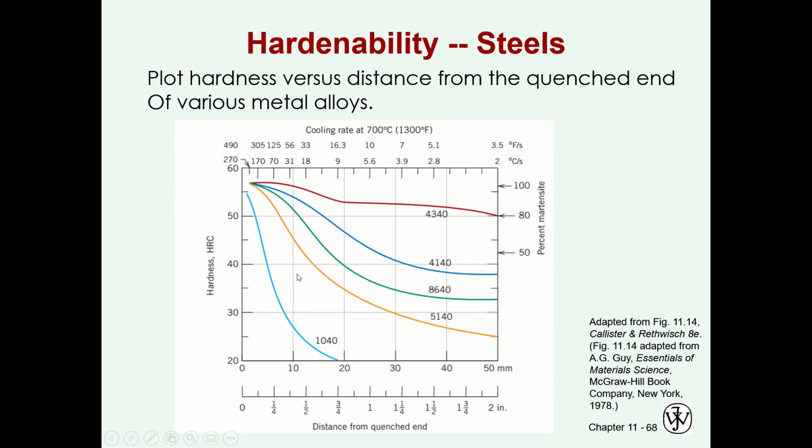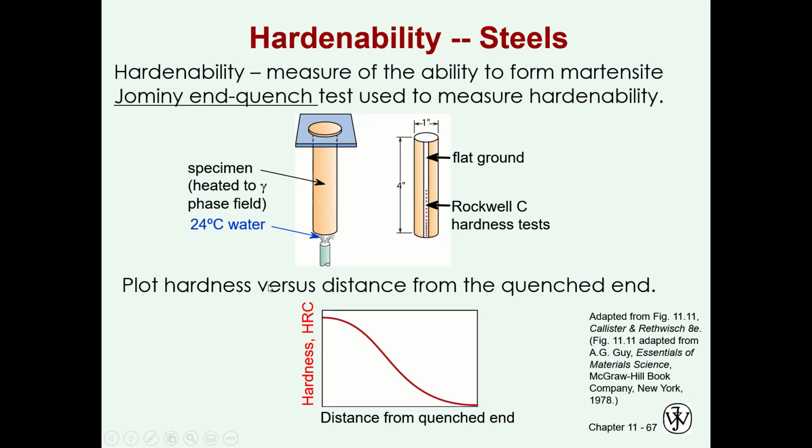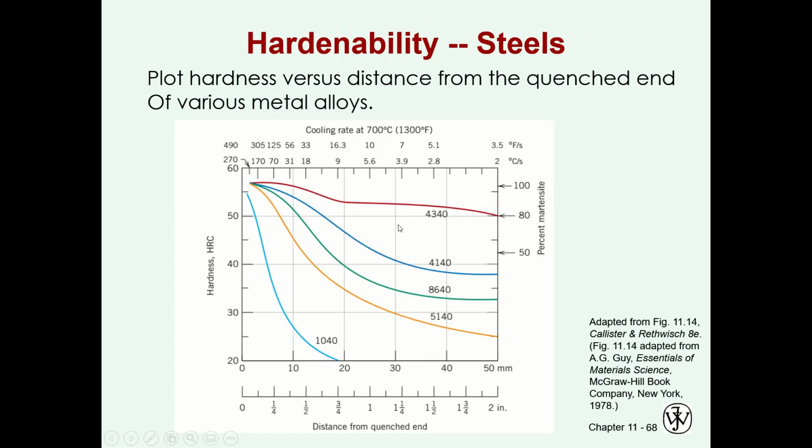So this is the plot. This is the plot of hardness for different kinds of metal alloys. So we have 1040. It means that this is plain carbon steel with 0.4% carbon. These are the alloy steels, rather, not plain carbon.